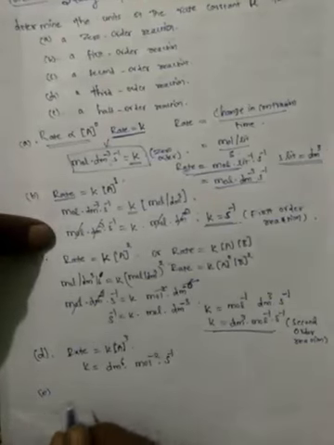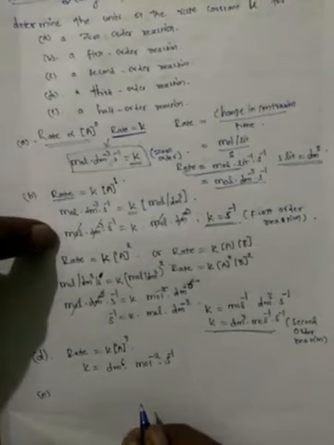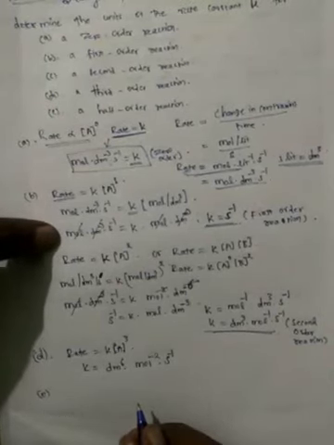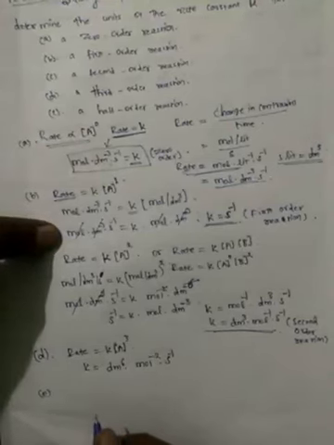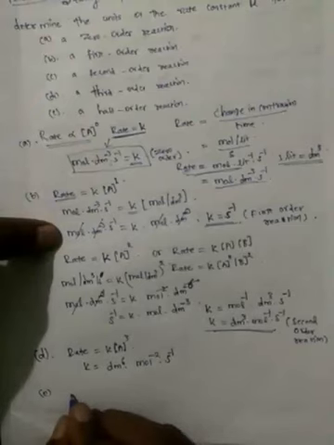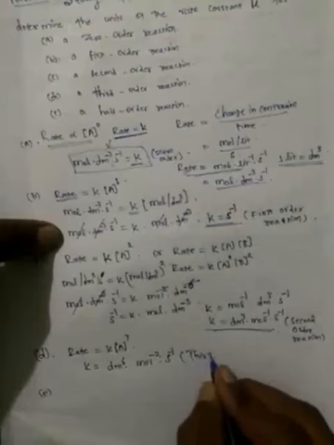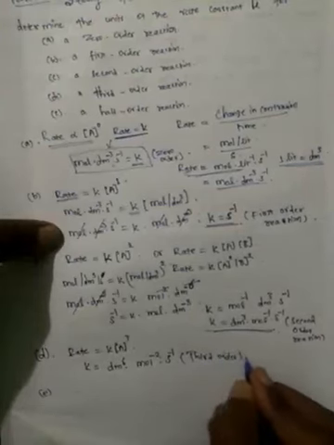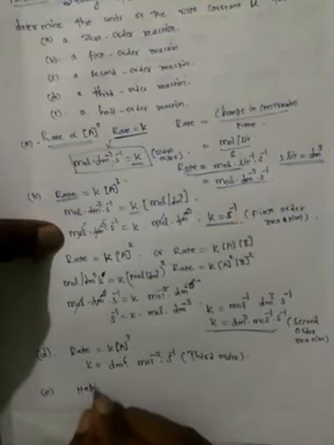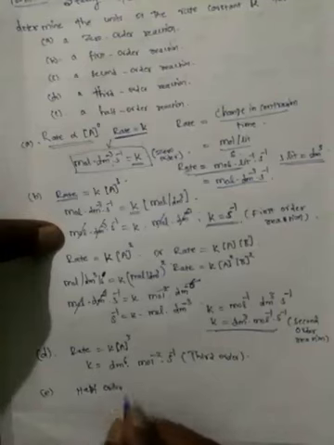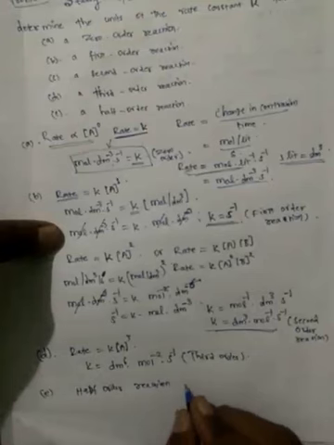And then finally we'll have to find out the unit for the fourth order reaction. And if you work out, you'll get the unit, this is for third order, and for the fourth order reaction, work out by yourself.